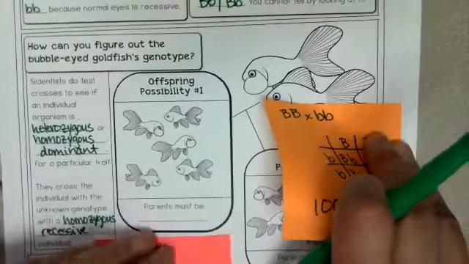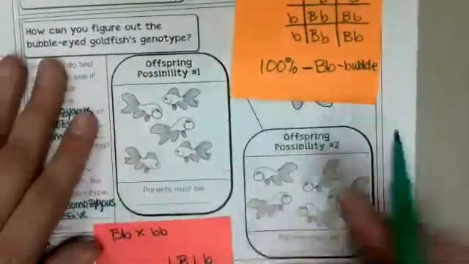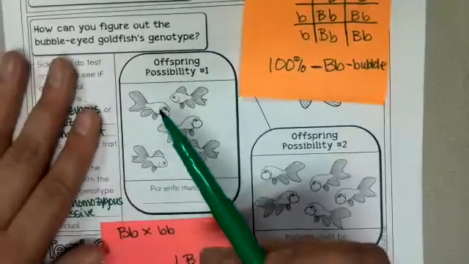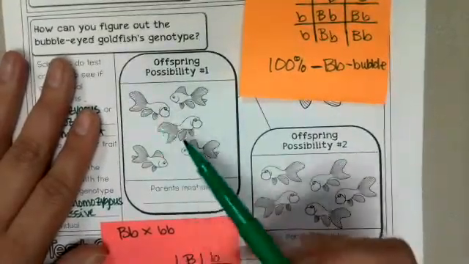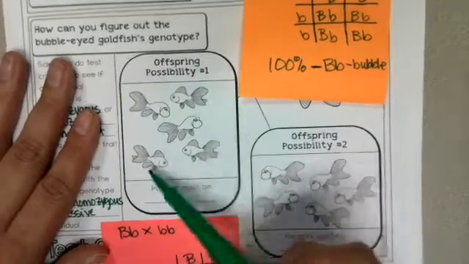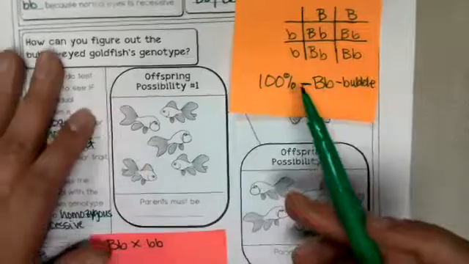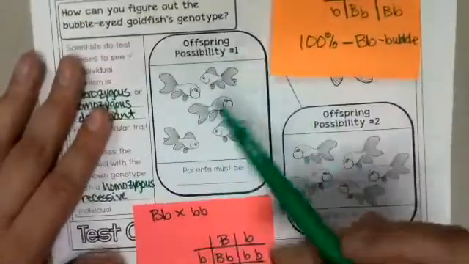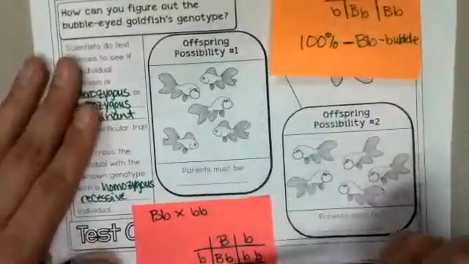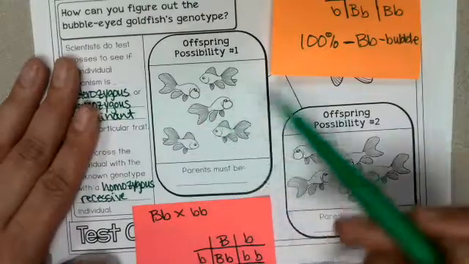Now we need to look at the offspring here. So what types of offspring do we have? Let's start off here. So I see 1, 2 fish that have bubble eyes and 1, 2, 3 that have normal eyes. Now it's definitely not going to be our 100%. And it's not 4 fish here like we did over here. It is 5.